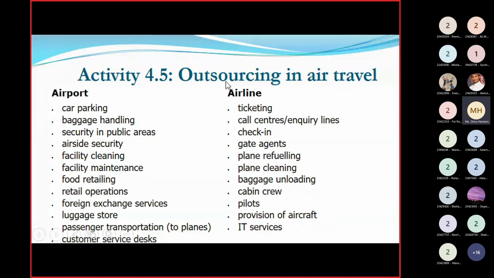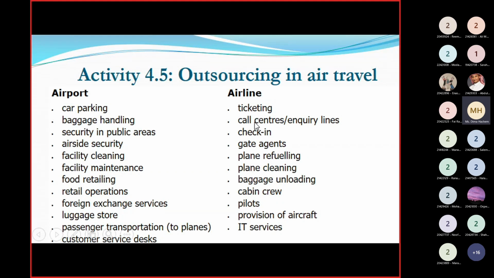You see lots of outsourcing examples in air travel. For example, at the airport, the car parking is outsourced to a company. The baggage handling, the security in public areas, the airside security, and so on. All these are examples of outsourcing. Cleaning is outsourced to a cleaning company. Also, airlines outsource their ticketing.